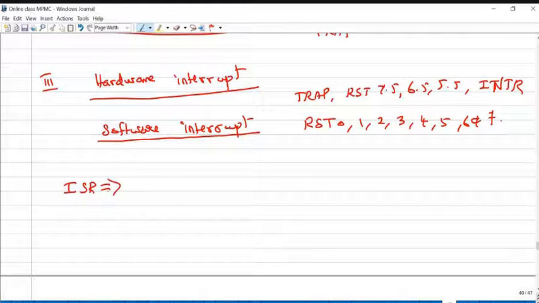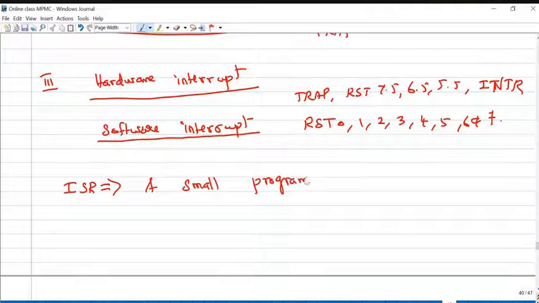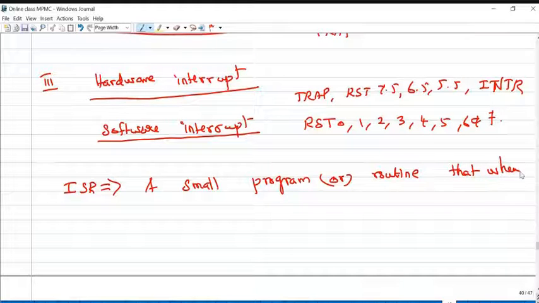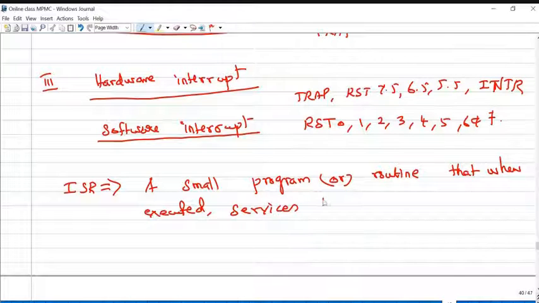What do you mean by interrupt service routine? It is a small program, or we call it a routine, that when executed services the corresponding interrupt.